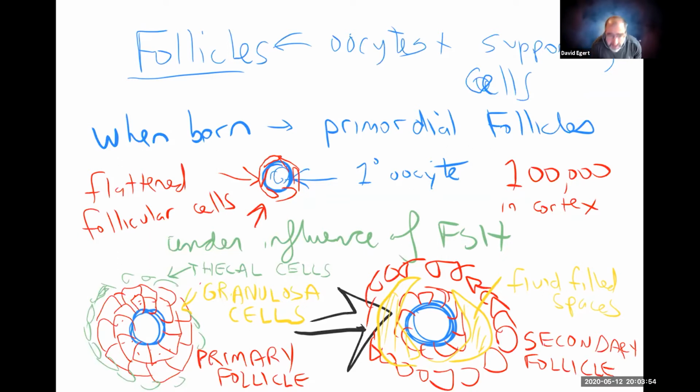And then it continues. That fluid space starts getting more and more predominant until the whole thing is like a big bubble or blister. So we started kind of with, again, kind of primordial follicle with just these flattened cells around it.